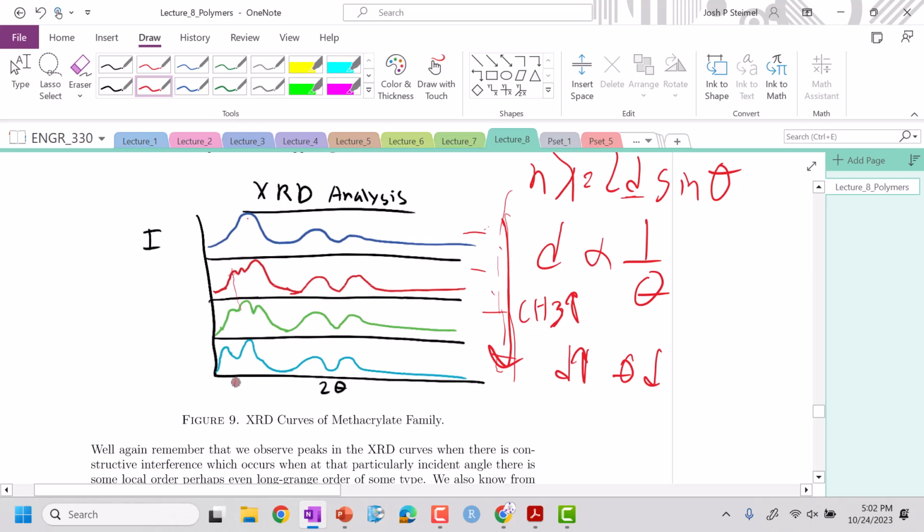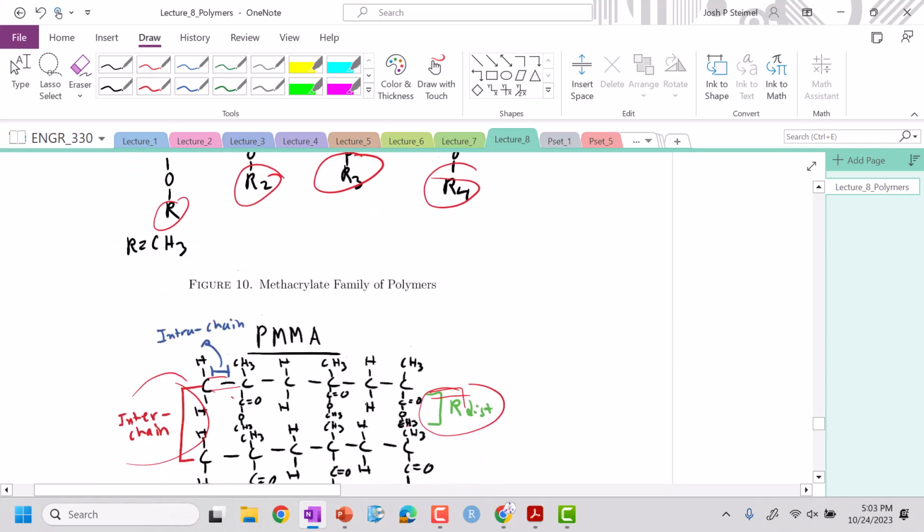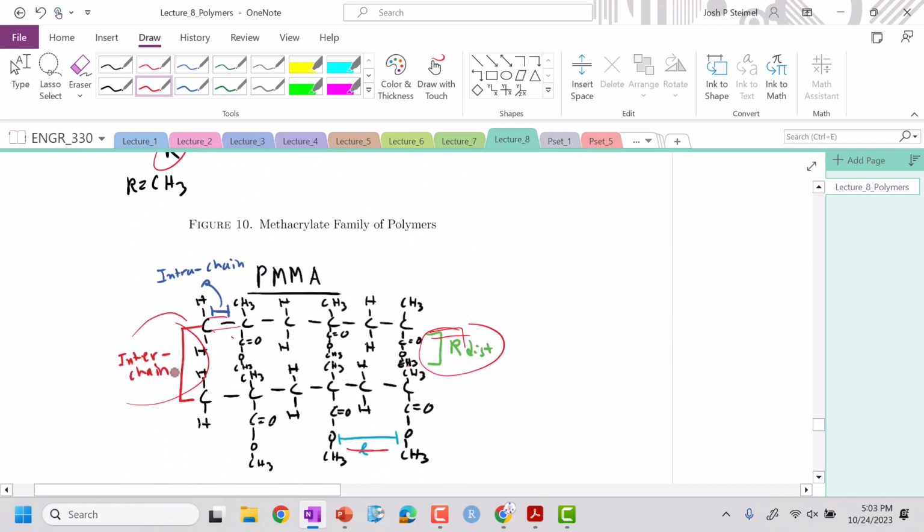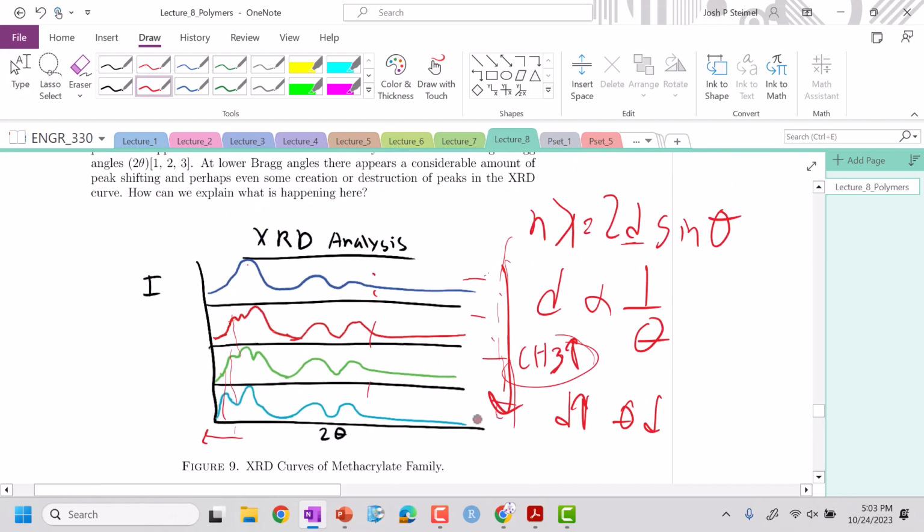You can see this peak here, here, and here. They're moving to the left. So we can tell in this analysis that the number of these CH3 groups is increasing, because the distance, for example the interchain distance, is increasing and our theta must decrease. And so you see these peaks shifting to the left.